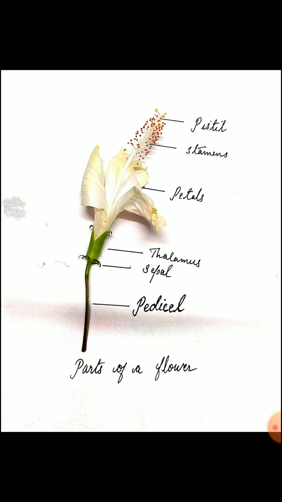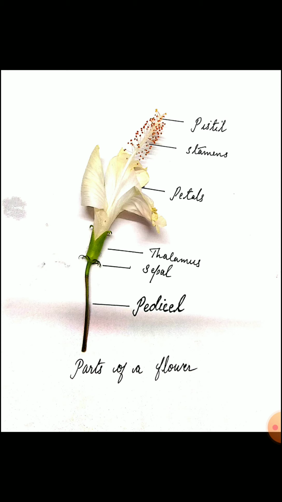The first part, pedicel. The stalk of the flower. This is the part that connects the flower to the main stem. The tip of the pedicel is swollen to form a cup-shaped part called thalamus. All floral parts are arranged in it.